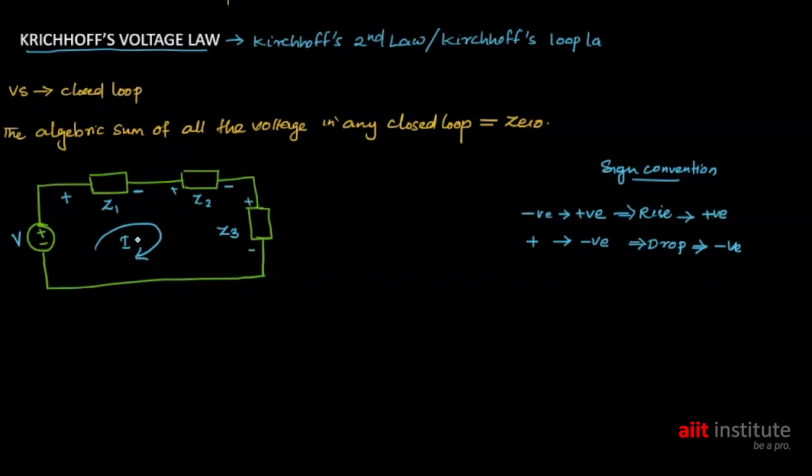These passive components are connected in series, so the same current will flow through the entire circuitry. In Z1, a voltage drop will happen because of this passive component. Let's consider the voltage drop as V1. Similarly for Z2, V2, and Z3, V3.